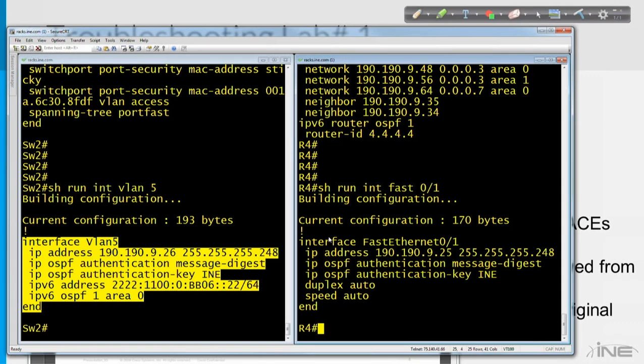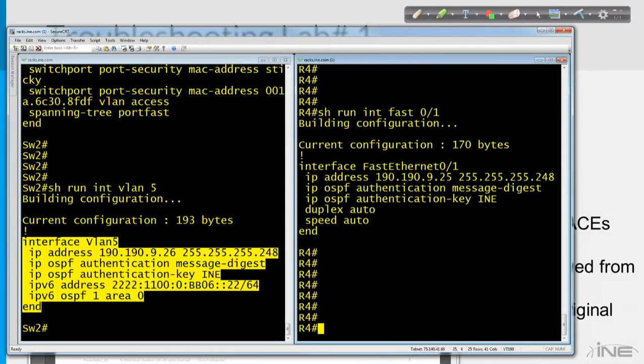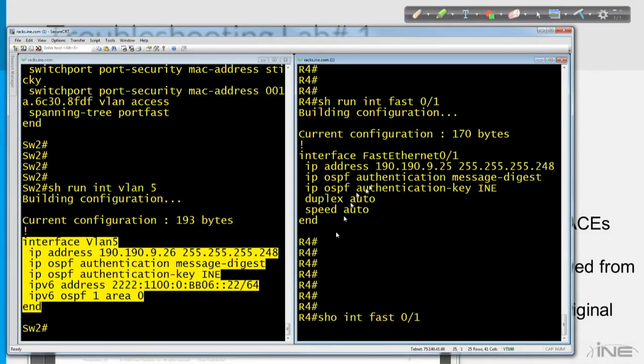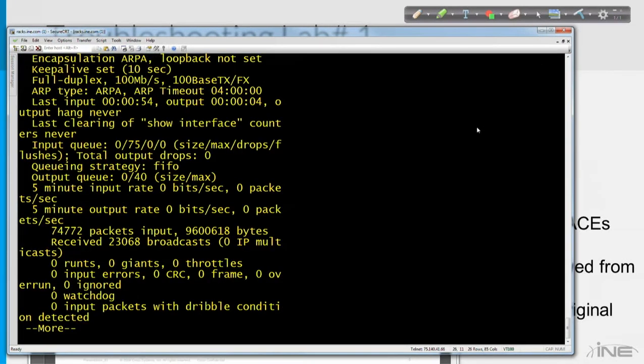So at this point, I would have to check off layer 3 and start moving down the OSI stack. Let's move down to layer 2 now and check that out. While we're on router 4, let's take a look at its interface. Show interface FastEthernet 0/1. Let's try that again.